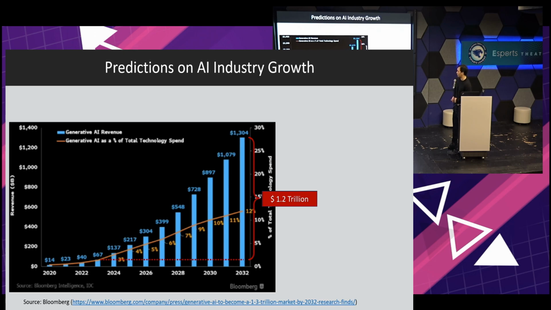And when you see generative AI as a percentage of total technology spend, it also goes up. So there are many, many opportunities coming in because it's not the end. GPT-4, okay, come on. GPT-4 is there, but you need users to generate value out of it, right?